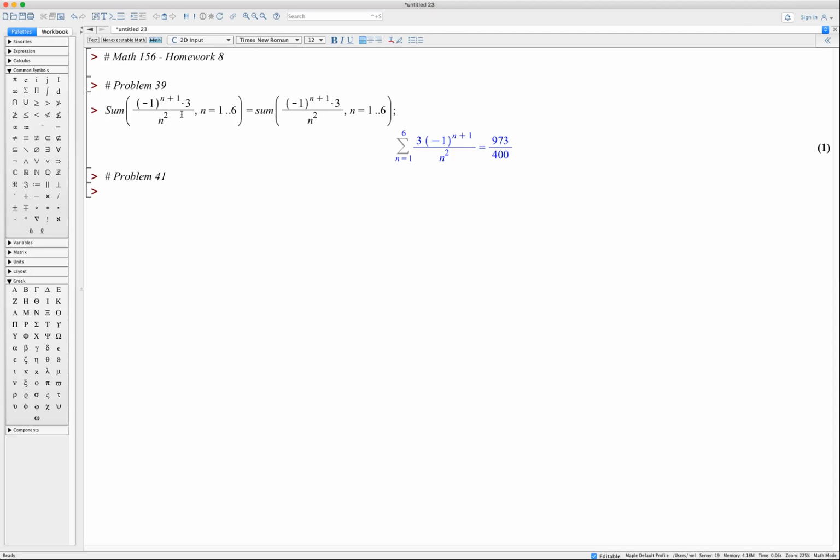And the remainder, so this is what the theorem says.